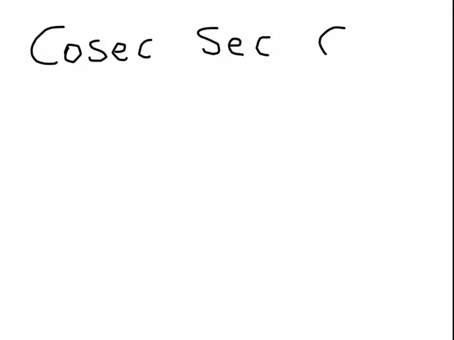So we have, let's say, cosec, we have sec, and we have cot. It is 3 of them because it is the reciprocals of the 3 trigonometric ratios.